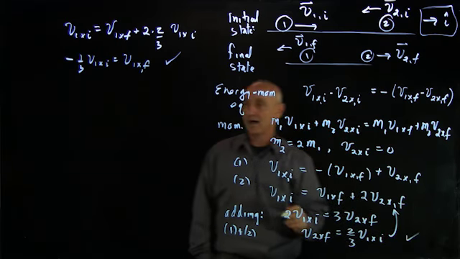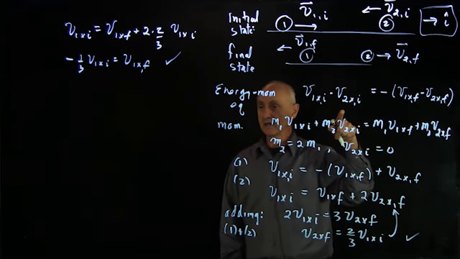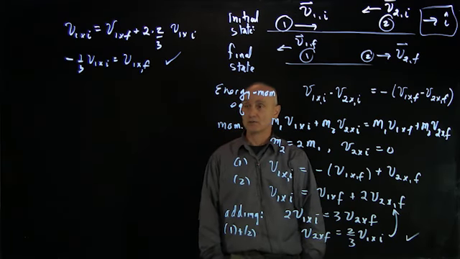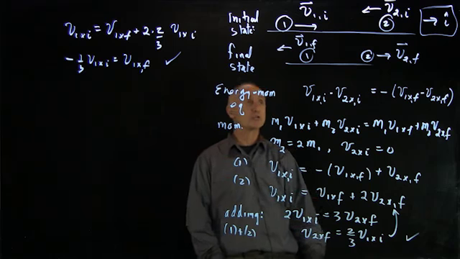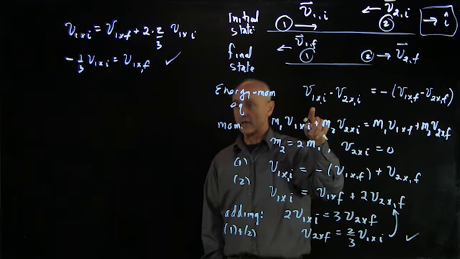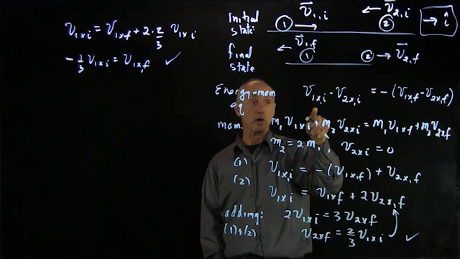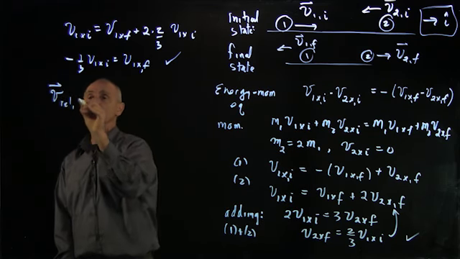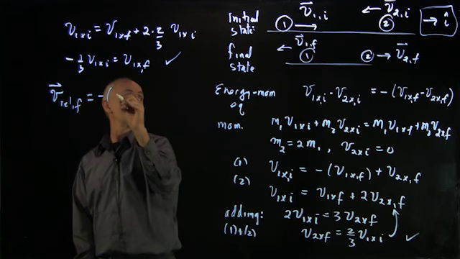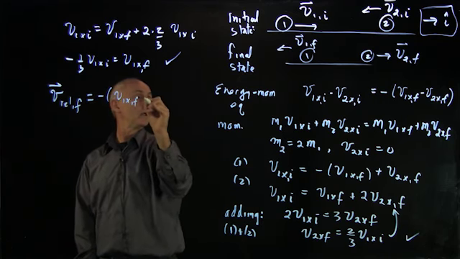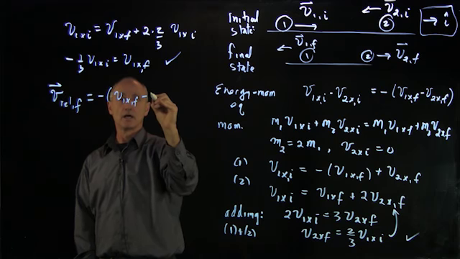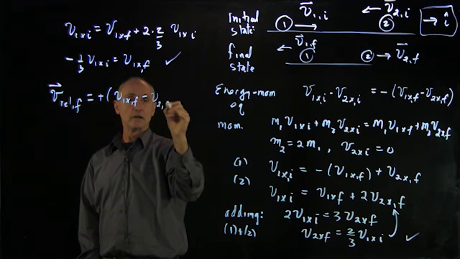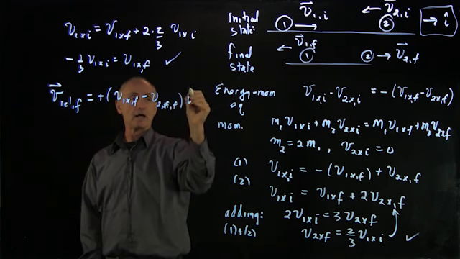At the cost of introducing a new concept, we found the algebra much, much simpler to solve in this problem. And we can just double check our result. The initial relative velocity was simply v1x. And the final relative velocity is v1x final minus v2x final, times i hat.